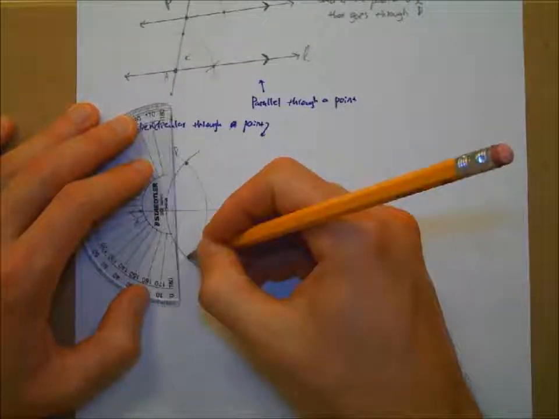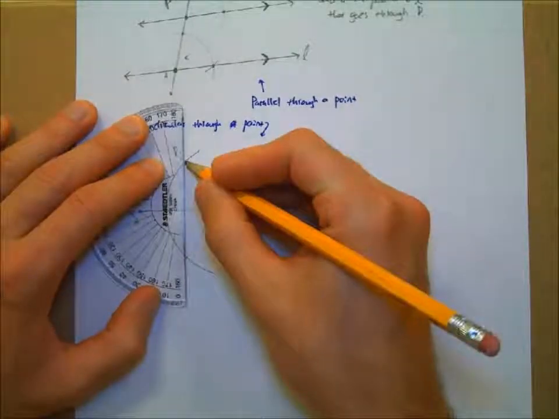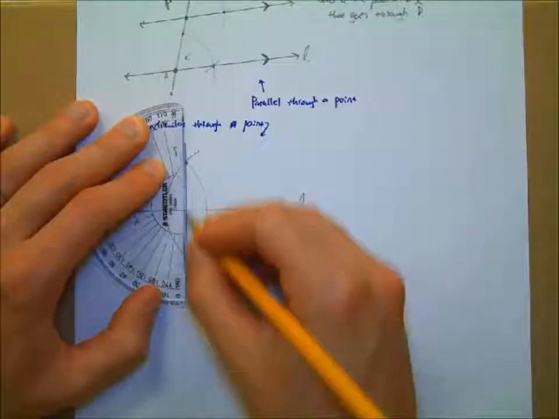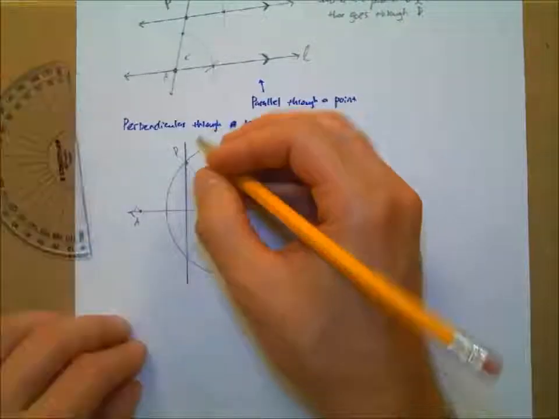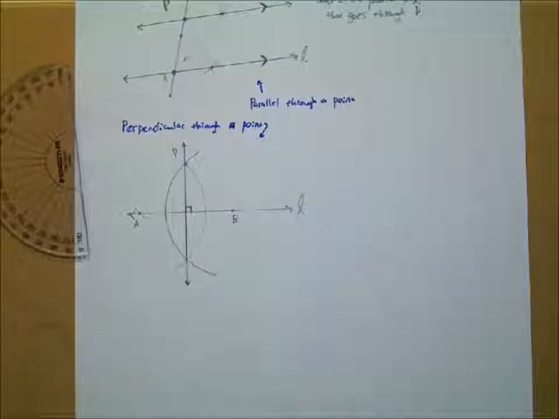Okay, and then those two swipes intersect, I should say. And there we've created a line, sorry, not line P, a line perpendicular to line L that goes through point P.